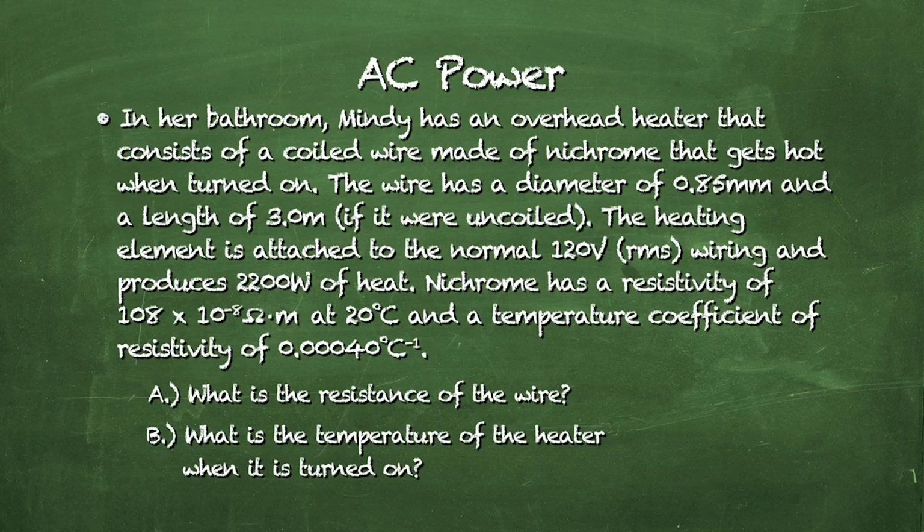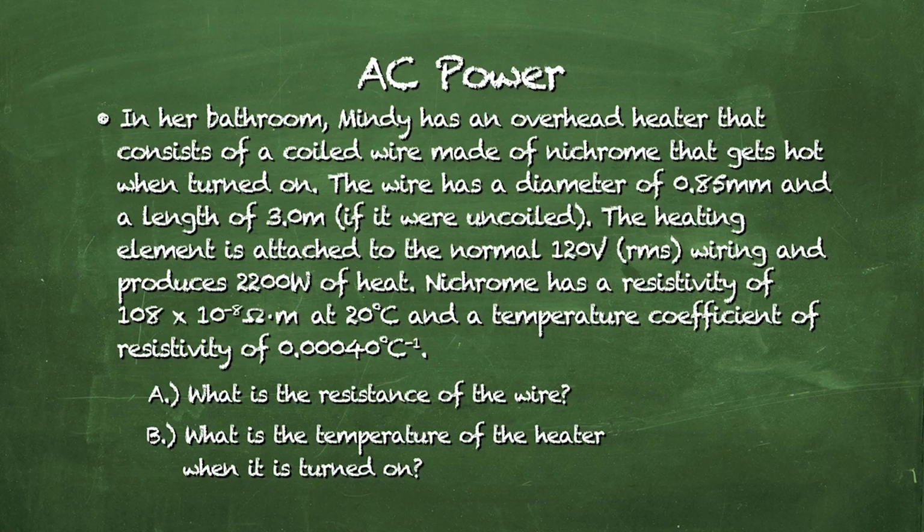Now, to answer that question, you'll have to recall some relations that we had earlier, and that is the resistance of a piece of wire is the resistivity, rho, of the material times the length of the wire divided by the cross-sectional area of the wire. And the area would be pi r squared, where r is the radius of the wire.